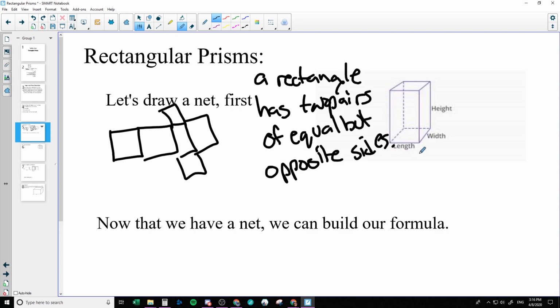Okay, so when we look at this rectangle as an example, this side here and this side here are opposite to one another and they are equal. This side here and this side here are opposite to one another and they are equal.